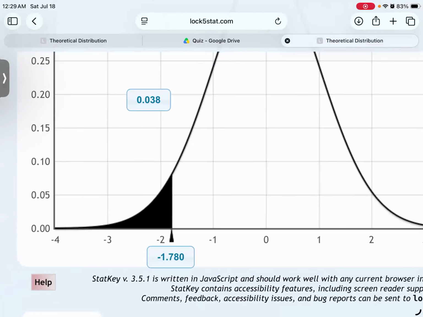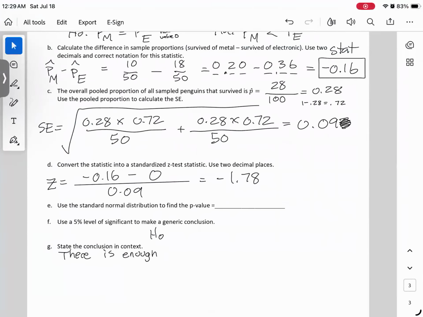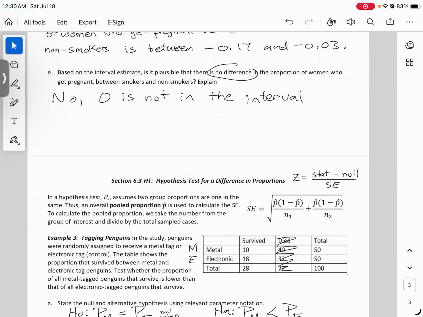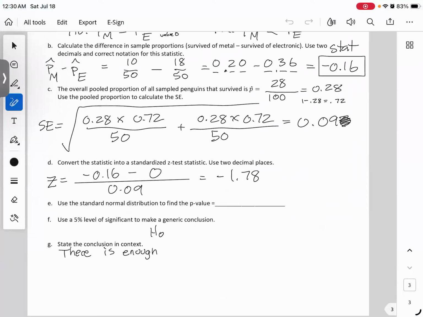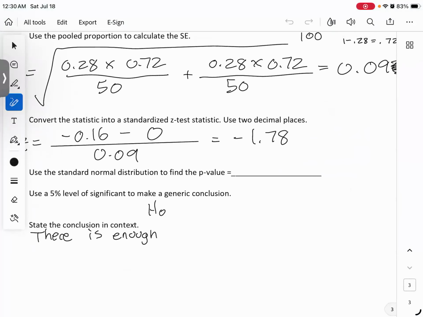And there's your p-value, 0.038. Now, make sure that for your homework, anytime you use StatKey, that's going to trigger that you're going to need to turn something in, so you don't lose points for just forgetting to include your StatKey with your work.